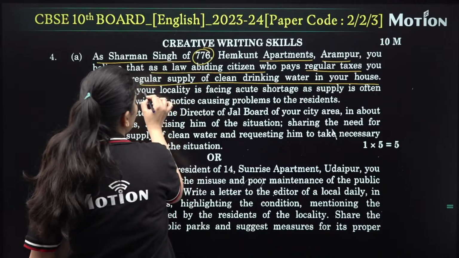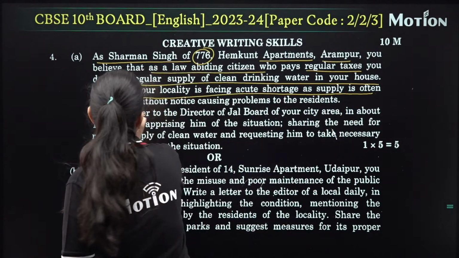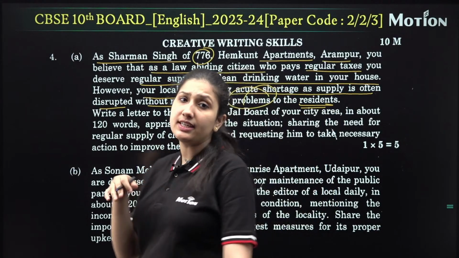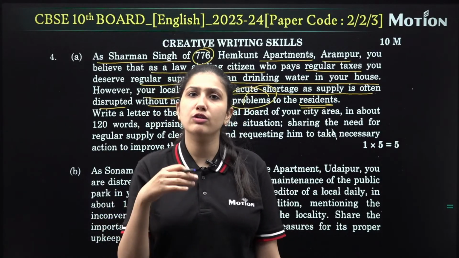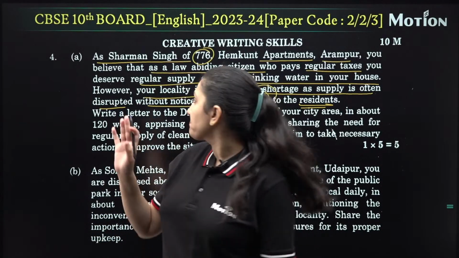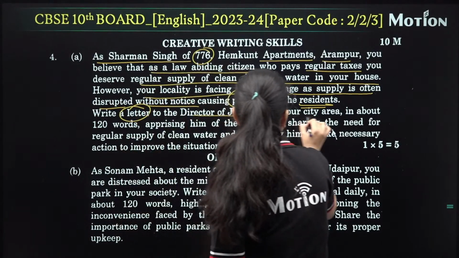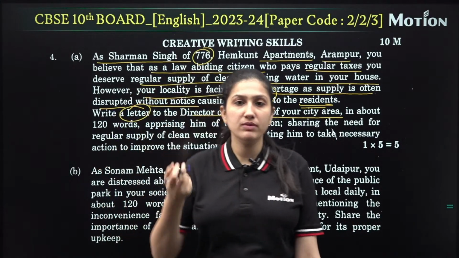However, your locality is facing acute shortage as supply is often disrupted without notice, causing problems to the residents. Water supply is not there and you are also not informed about it. So you have to write a letter to the director of Jal Board of your city area in about 120 words.